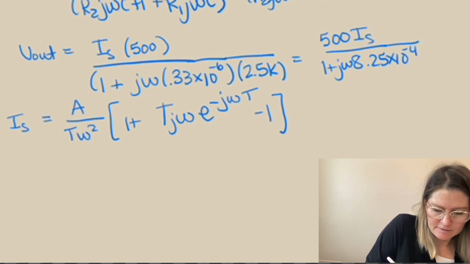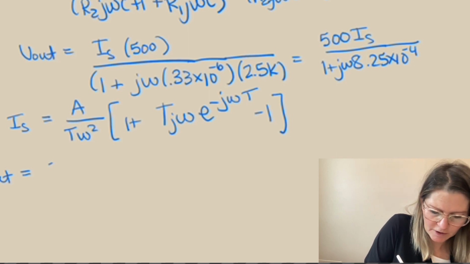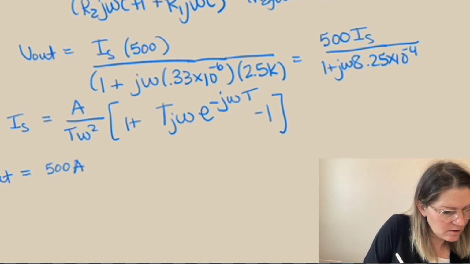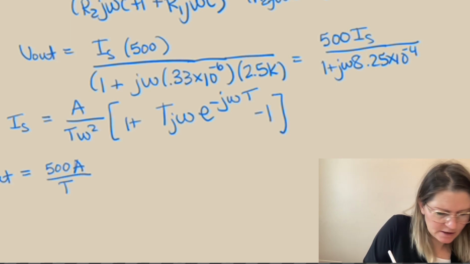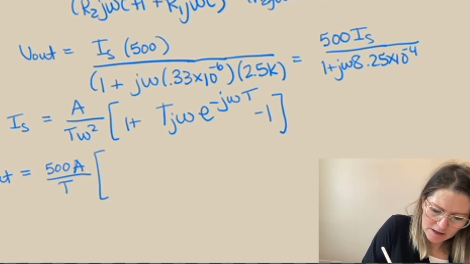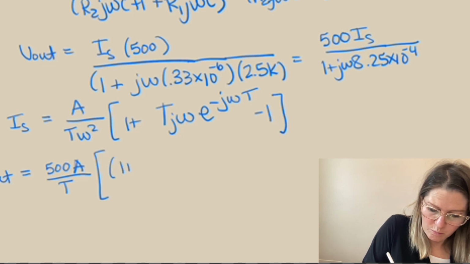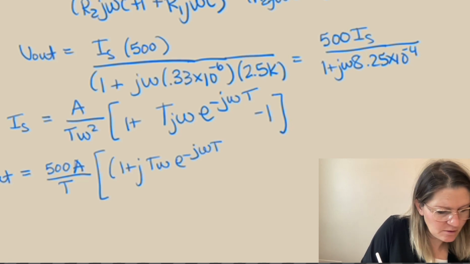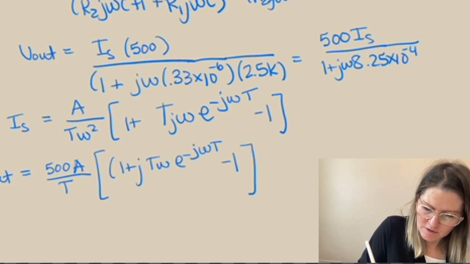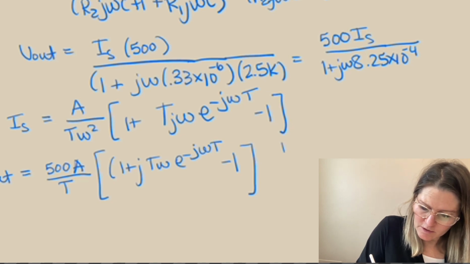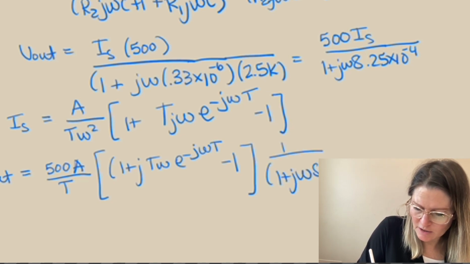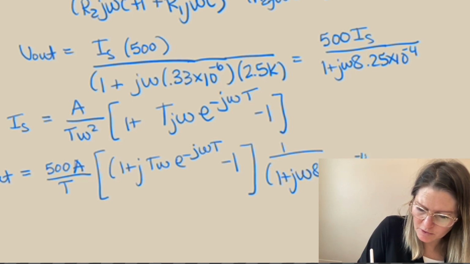And so we get V out here is equal to 500A divided by t, and then 1 plus jt omega e to the minus j omega t minus 1, all over 1 plus j omega 8.25 times 10 to the minus 4th.